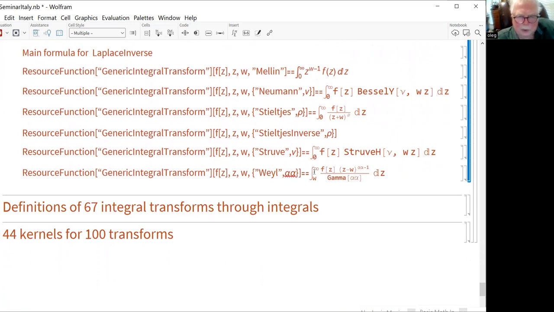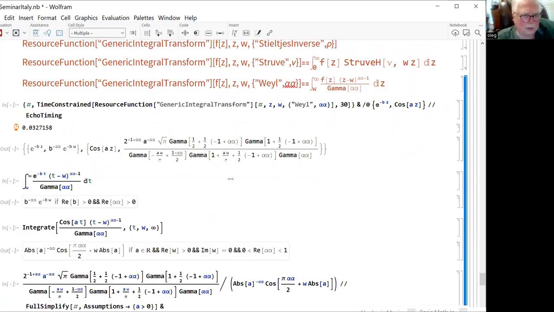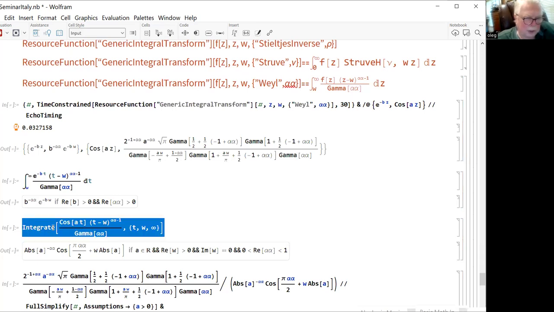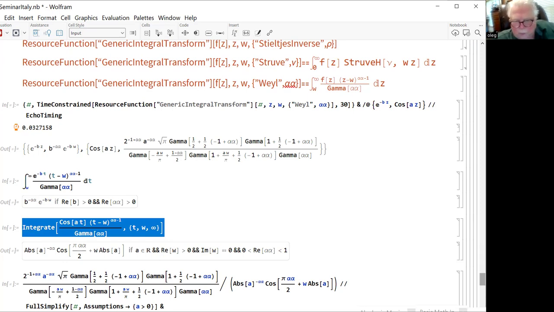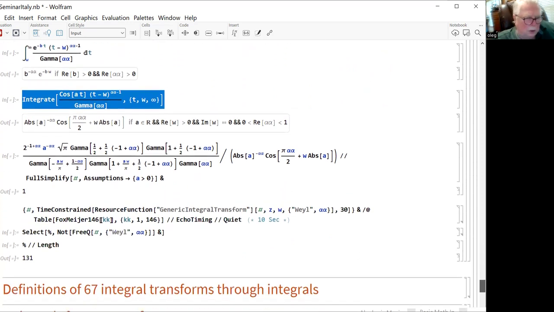The last example here is evaluation of the Weyl integral. Again, I made evaluation. I looked at how Mathematica can do it. Sometimes I put timing. Mathematica evaluates this integral, gives a result with conditions, and we also can evaluate.